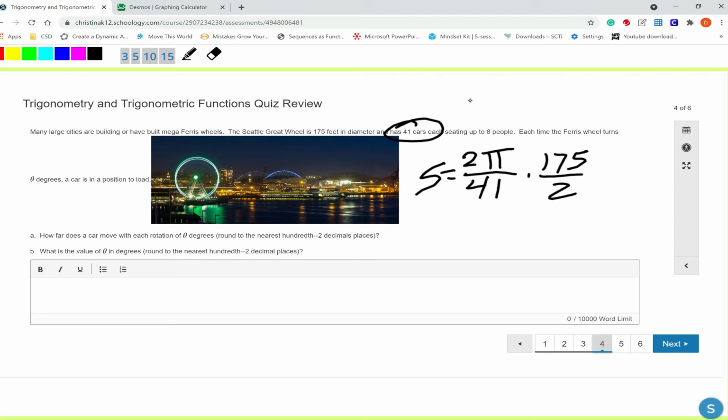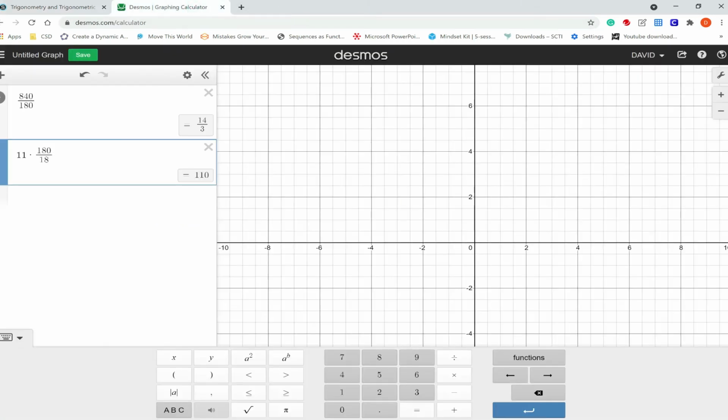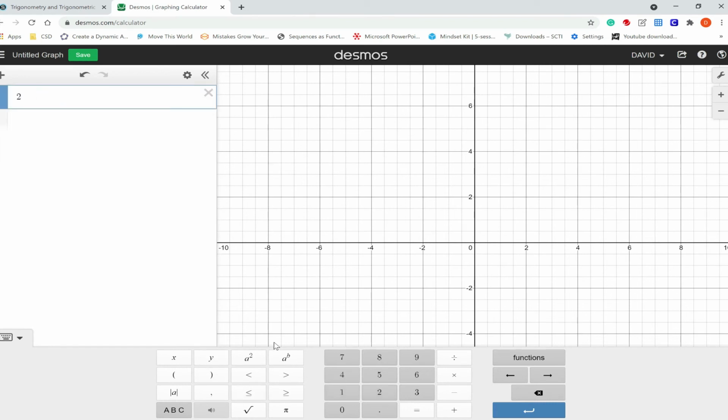Enter this into a calculator and we have our answer. Let's clear this out. This is going to be 2 pi divided by 41 times 175 divided by 2, and our answer is going to be 13.40.